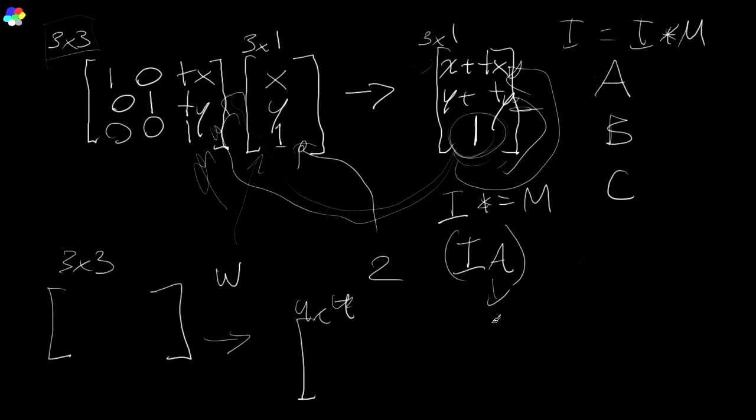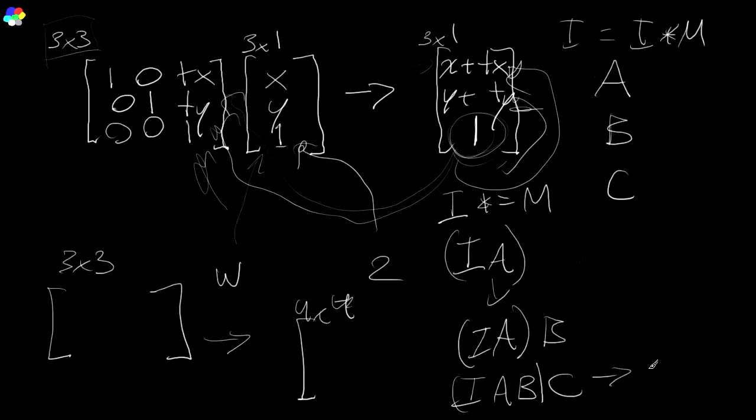Then we take that result, I times A, and multiply by B. And then we do I times A B, multiply by C, and this is the matrix concatenation that we end up with: A B C. So my desire is to first apply A, then apply B, then apply C.